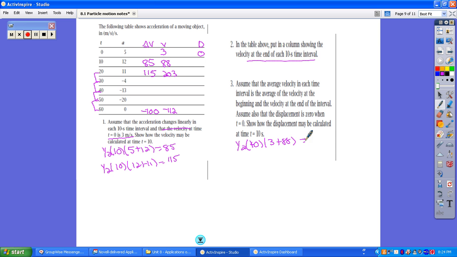And if we work that out, you get the change in d, the change in the displacement, or the actual displacement, is 455. And then if I add it to its initial position, we're then at 455.